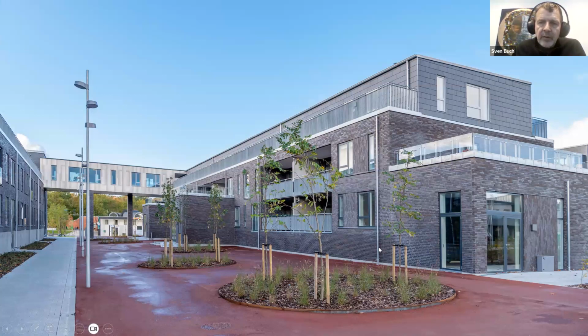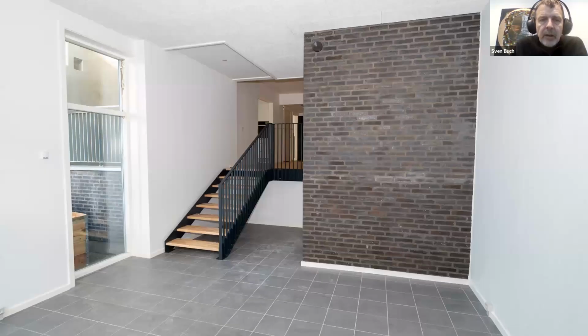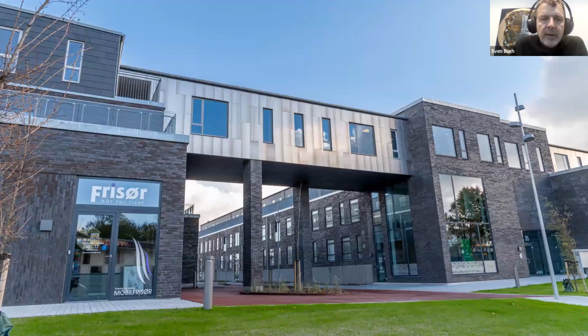But this is also a renovated block, and on this block we have added a new build story. This is from the inside of this startup. You can see you have the normal apartment in behind, and then you can go to your business facility where you can receive customers and do your business close to your home.